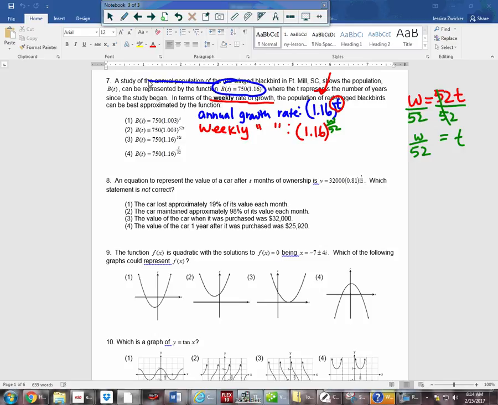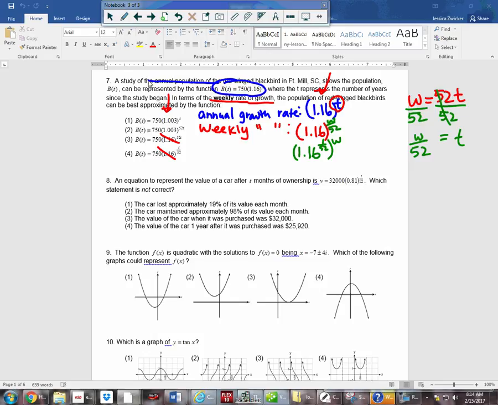But what we need to do is figure out which one of these choices works. Right now, you can cross off choice 4 and choice 3 because they don't have the proper exponent. But let's make sure that 1 or 2 actually works. Just like we did with the first problem, I am going to manipulate this as 1.16 to the 1 over 52 power to the w.